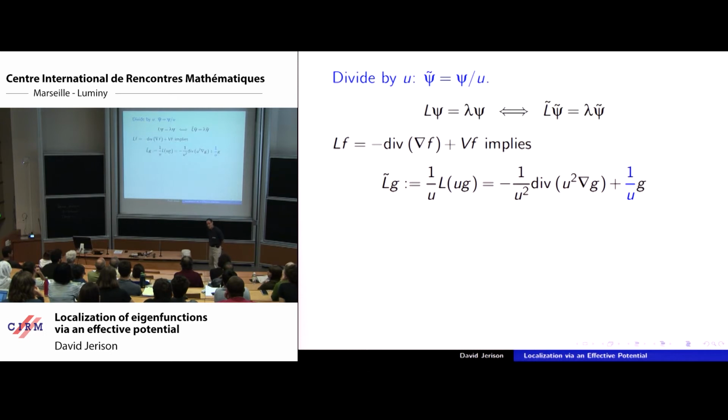So you can divide by it; that's legal. And then you can look at how the equation transforms: what's the equation for the eigenfunction versus the equation for this transformed eigenfunction?